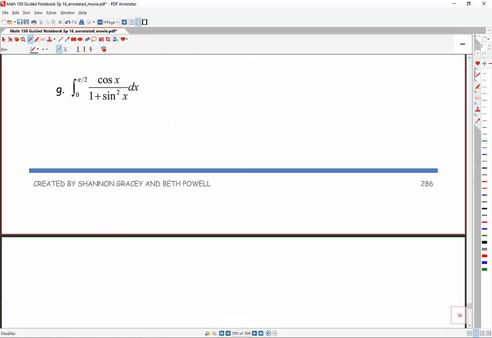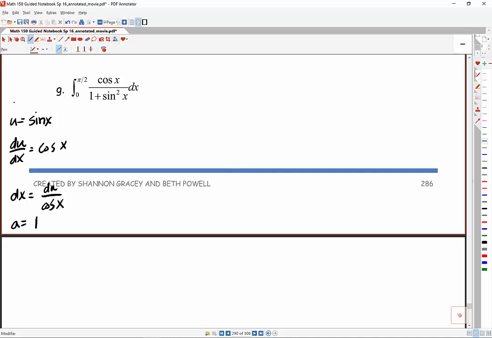So do you see how we could do 1 squared plus sine x, the quantity squared? So what does that mean? That means that u would equal sine of x, du dx would equal cosine of x, and isolating dx, we would have du over cosine of x, and our a, again, would be 1.